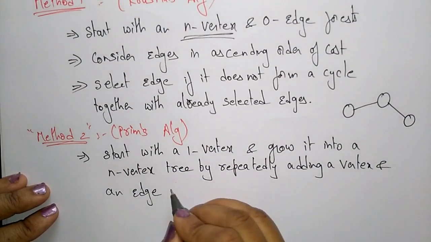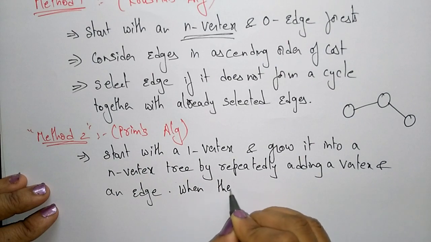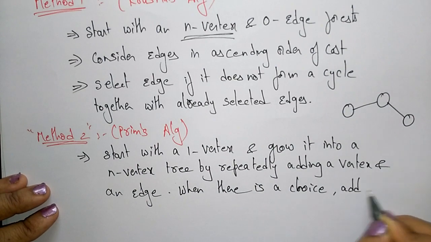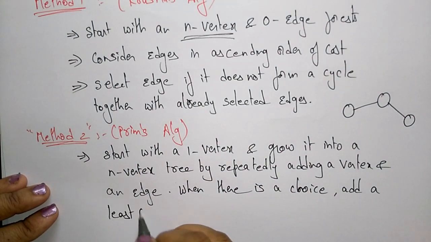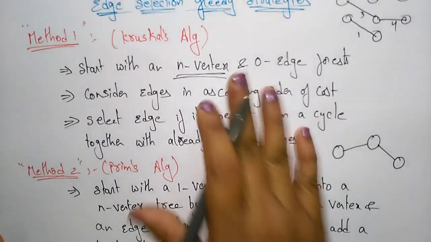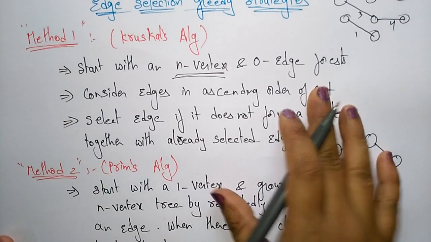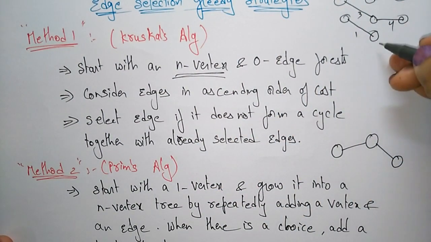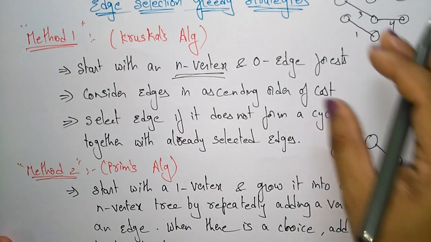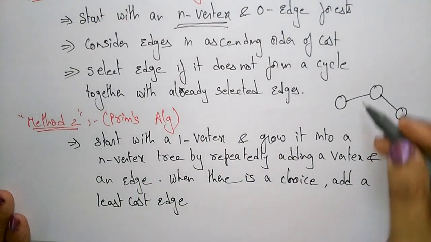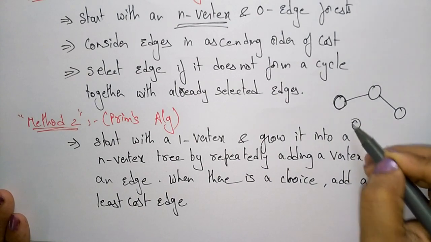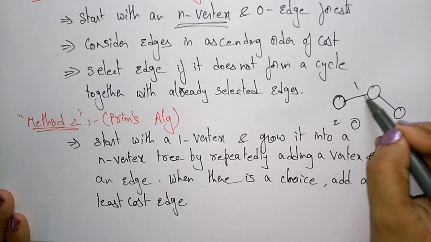And what the condition is: when there is a choice, add a least cost edge. So that is the difference between Prim's algorithm and Kruskal's. In Kruskal's algorithm, you first take all the vertices and you add one vertex to another by taking the edge that has the least cost, in ascending order. In Prim's algorithm, first start with one vertex and check which edge has the lower cost. Suppose this one is 2 and this is 1, select this edge.